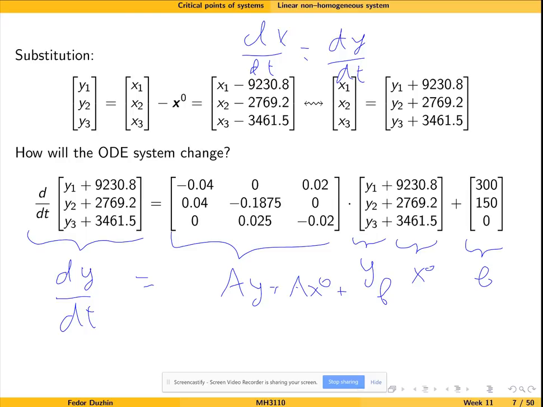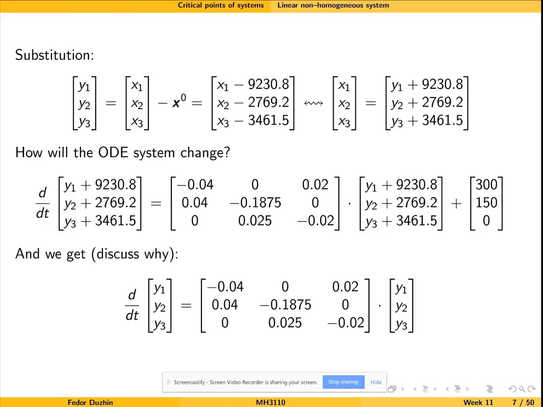But recall that this vector x naught was found from the condition that A x naught is minus b. So A x naught plus b is going to be 0, and therefore the remaining system of differential equations is just dy/dt equals Ay. So here is the answer. By making the substitution, we eliminated the constant term in the linear system. That's the main achievement here.